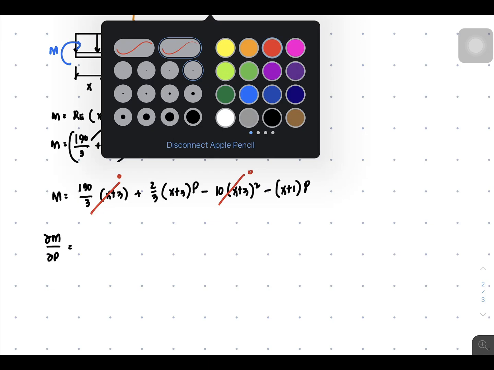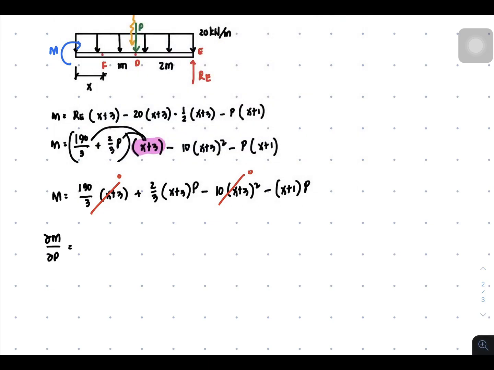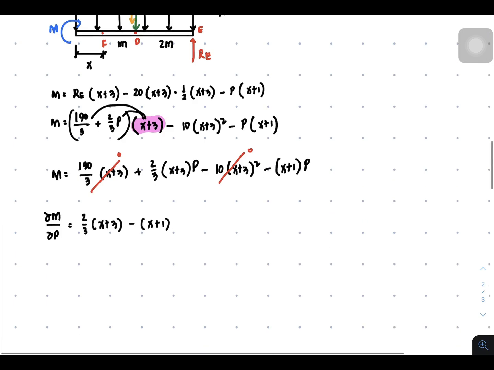So what remains, the partial derivative here, is 2/3 of x plus 3 minus x plus 1. No? So there. We will not distribute that, since there is a big risk if you distribute it.